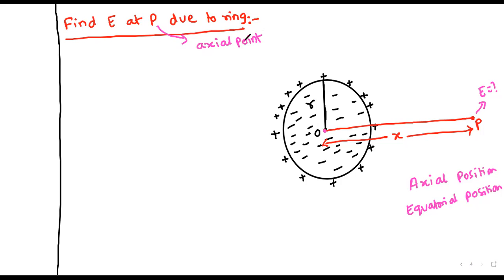Okay, fine. Now we can see here. Let us consider this point as A, this point as B. That means here the charge is distributed.